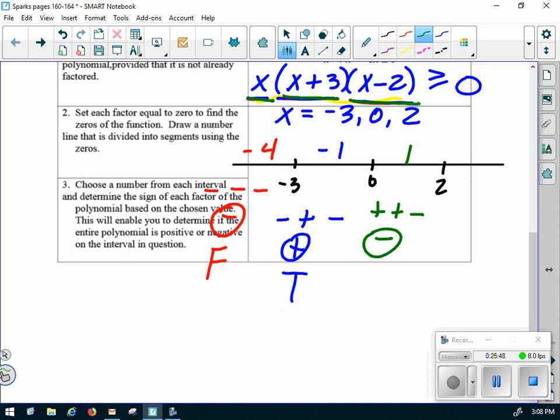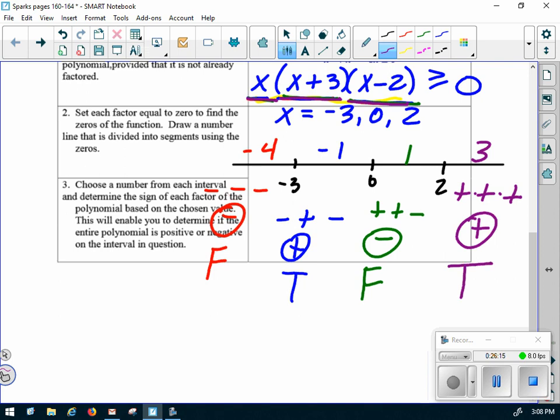Do the numbers between 0 and 2 make my inequality true or false? False. We just got one more section. Pick a number. 3, fine. 3. Positive, positive, positive. True or false? True.